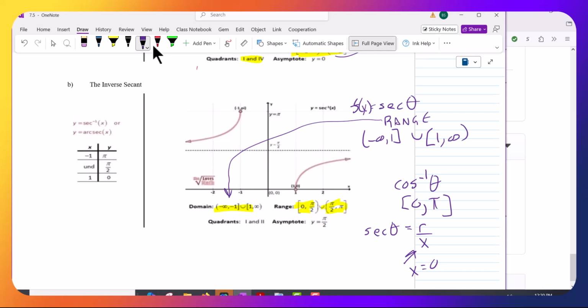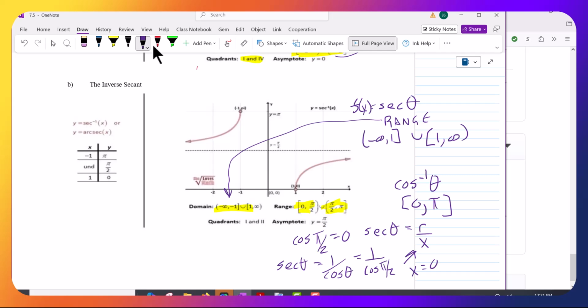So we have the same thing: the range of an inverse cosine is 0 to pi. It's the same thing on an inverse secant, except you have to exclude the pi over 2. And the cosine of pi over 2 is 0. And since the secant of theta is 1 over cosine of theta, then we can't do 1 over cosine of pi over 2 because you'd have a 0 denominator.